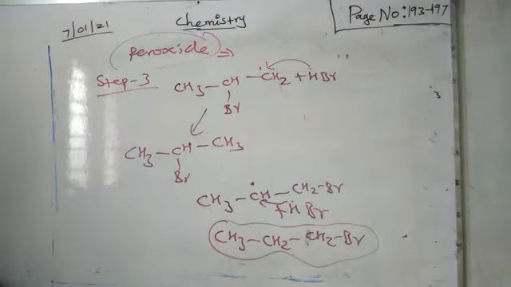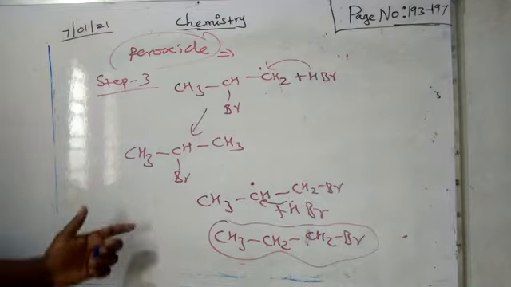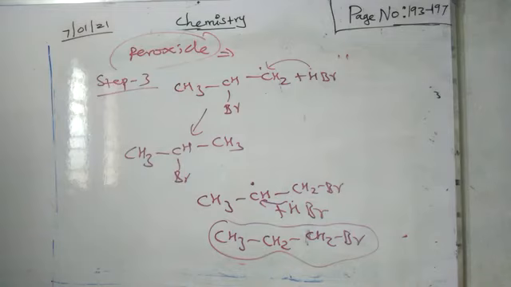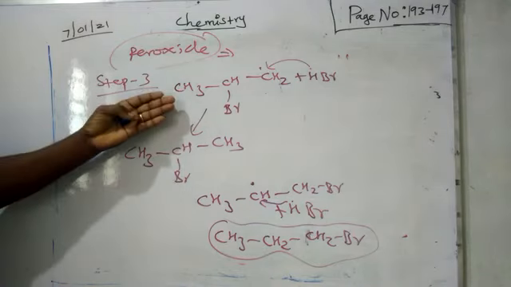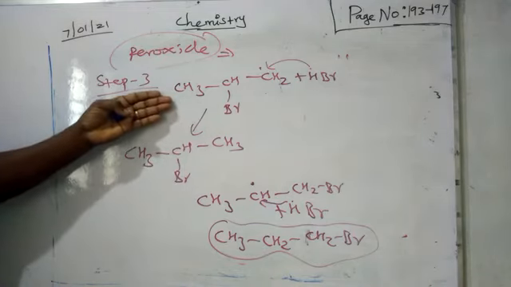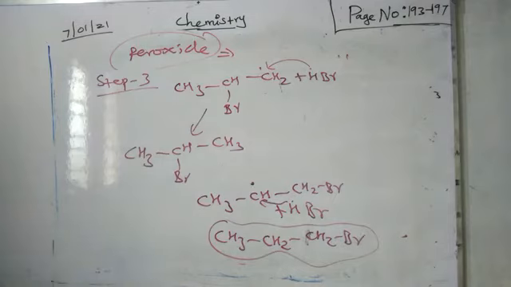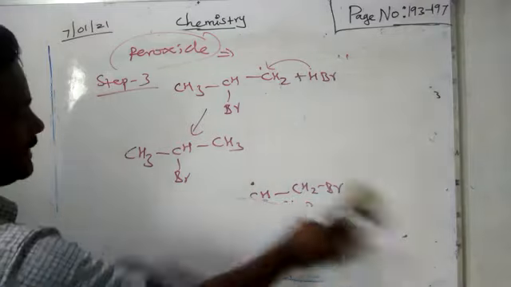The second one, 2-bromopropane formation, is less stable, a minor product will form. So because of this peroxide, it goes opposite to the Markovnikov addition rule. That's why we call it anti-Markovnikov addition rule.